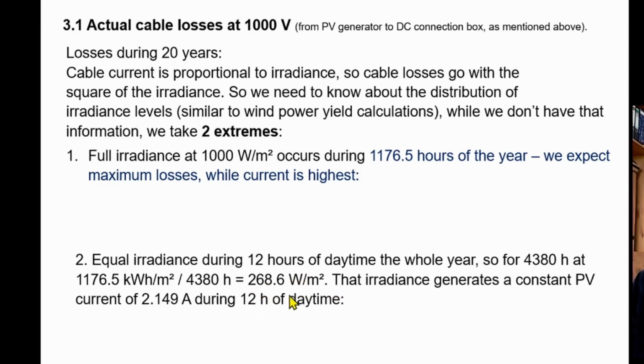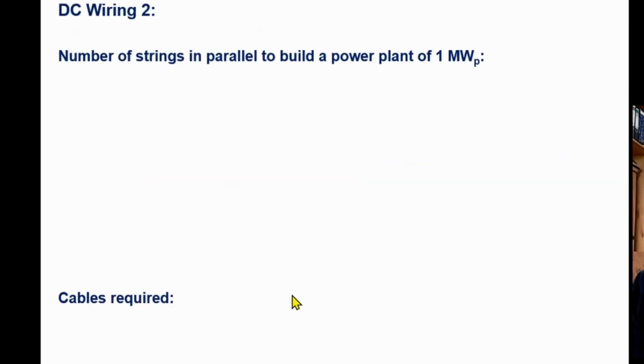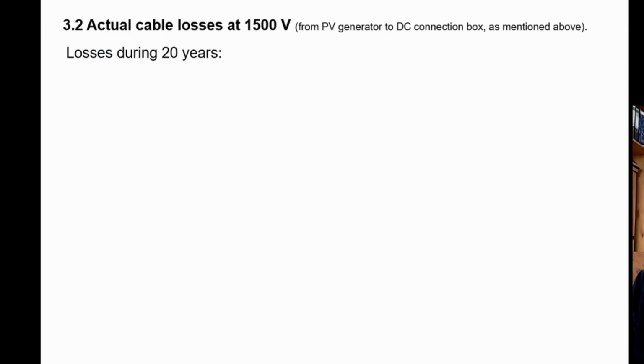And calculate for both cases: the number of strings to build in parallel, cables required, and so on. Then you calculate the same thing for 1500 volts and for 2000 volts, the actual losses and the losses during 20 years, and this will then be calculated in terms of money.